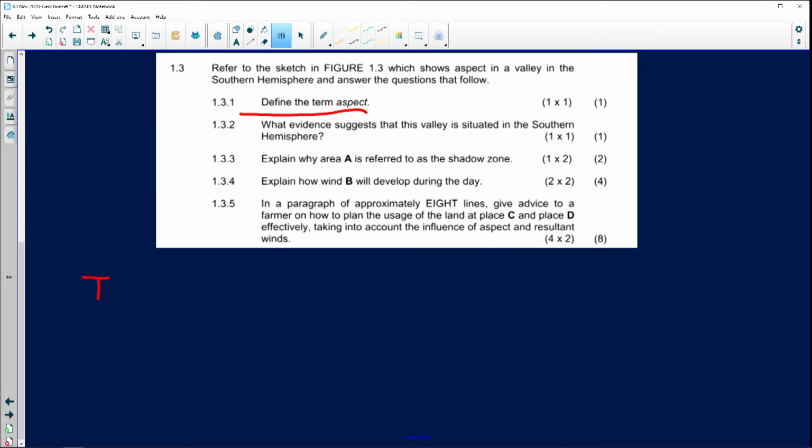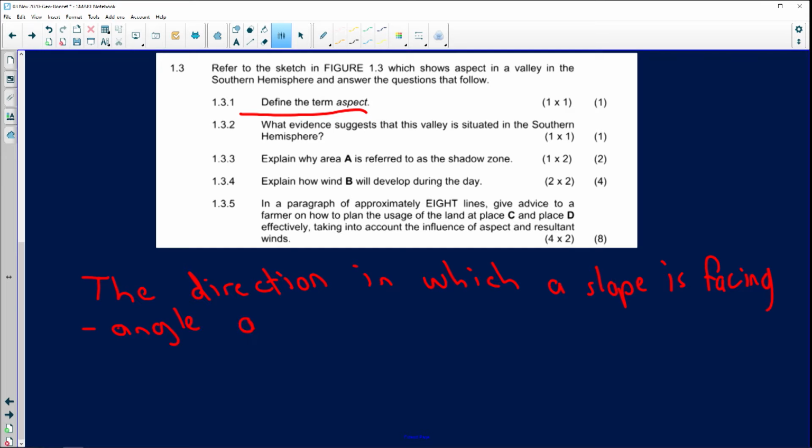It's the direction, and this is quite an important definition: the direction in which a slope is facing, or you can mention it is the angle at which the sun strikes the surface.